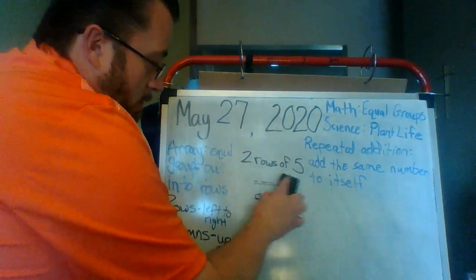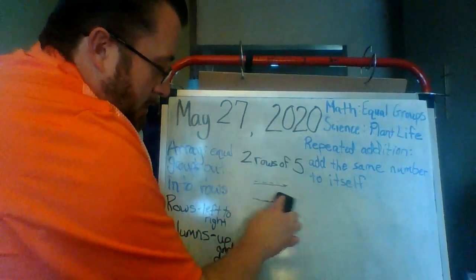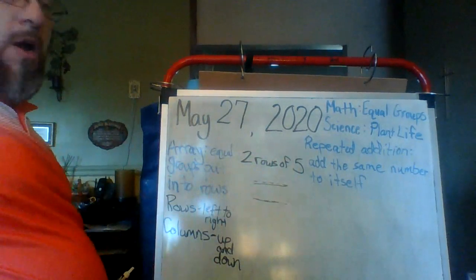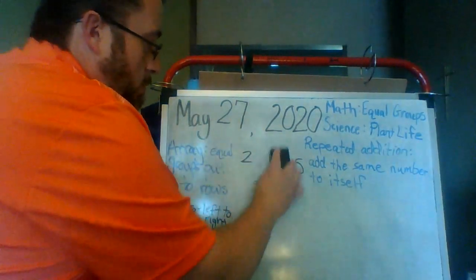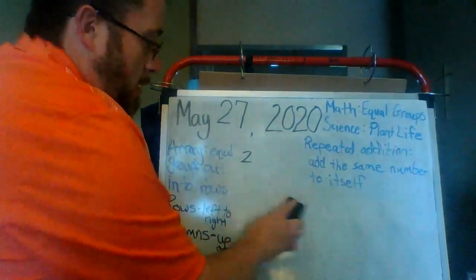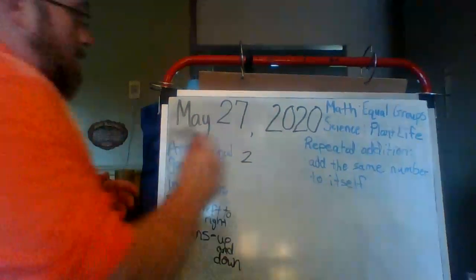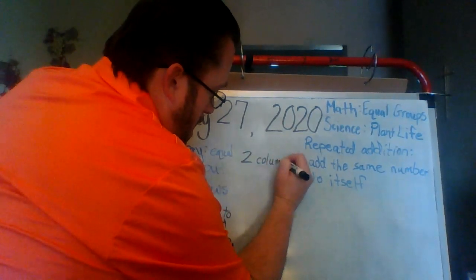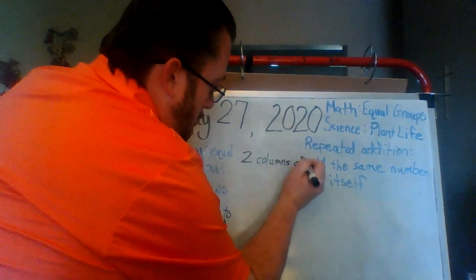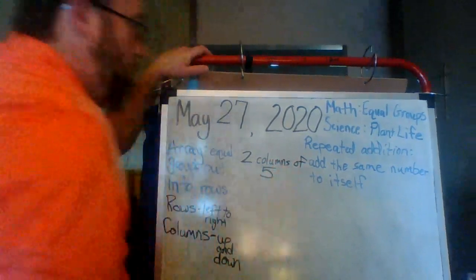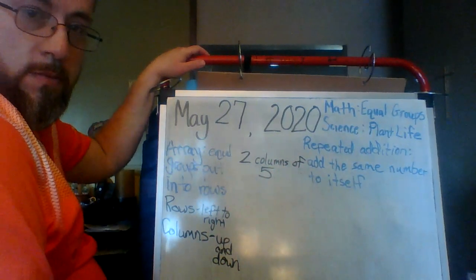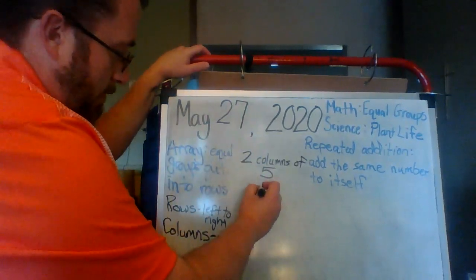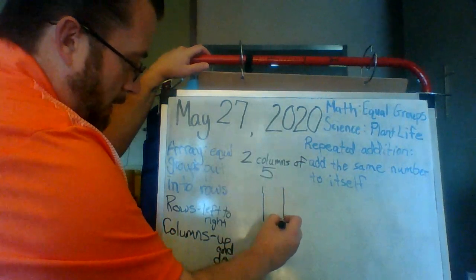I could have also just put counters here, but I want to show you how to draw it when it asks you to draw an array. All right, now let's say that it says 2 columns of 5. Well, columns go up and down, so now I'm going to draw my lines this way.